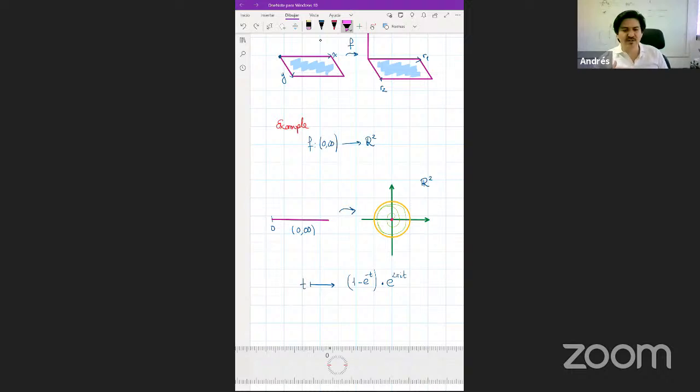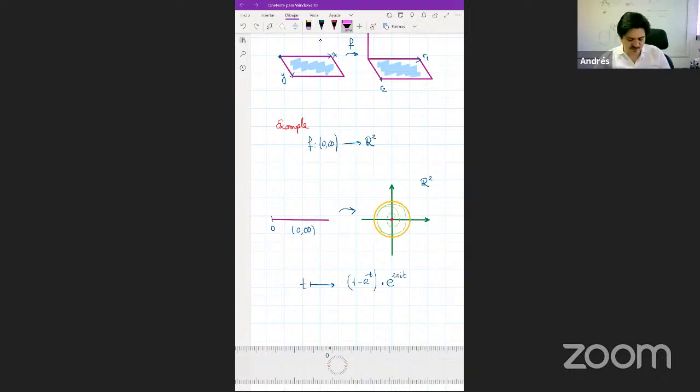This is later going to be an example when we see embedded submanifolds.